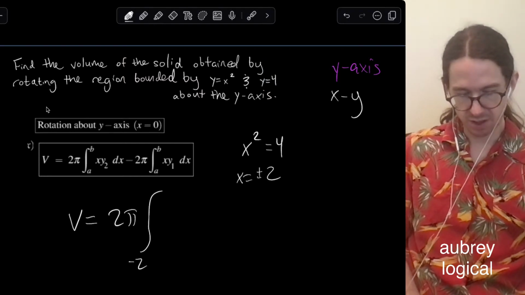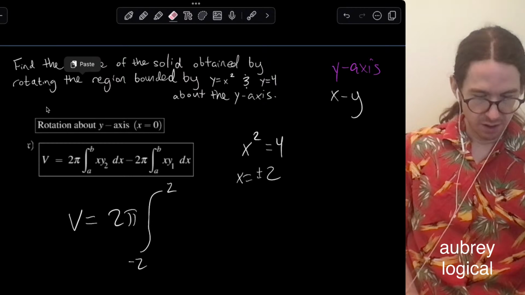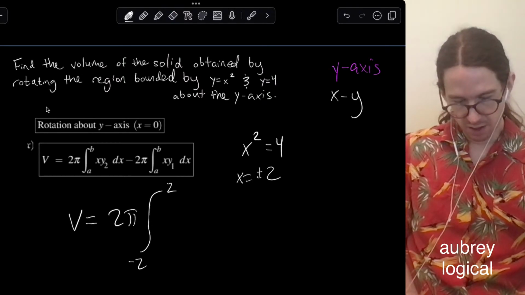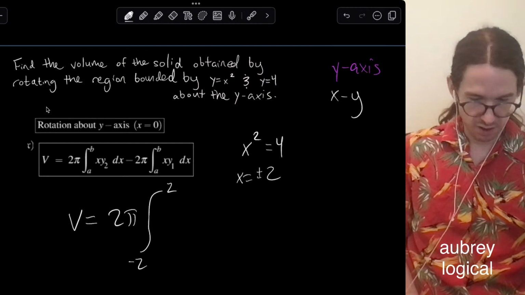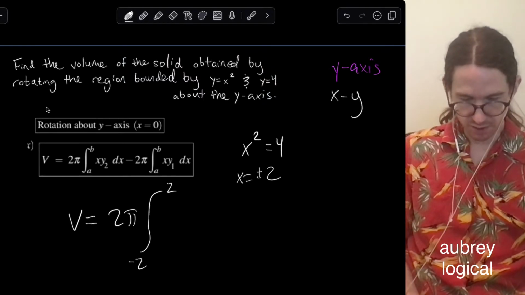So we can go from minus 2 to positive 2. And then we're going to say x.